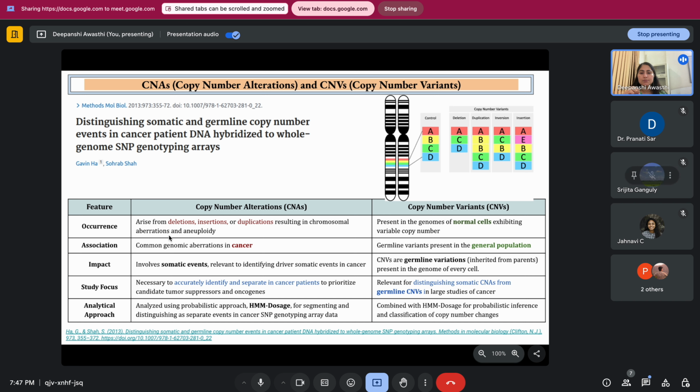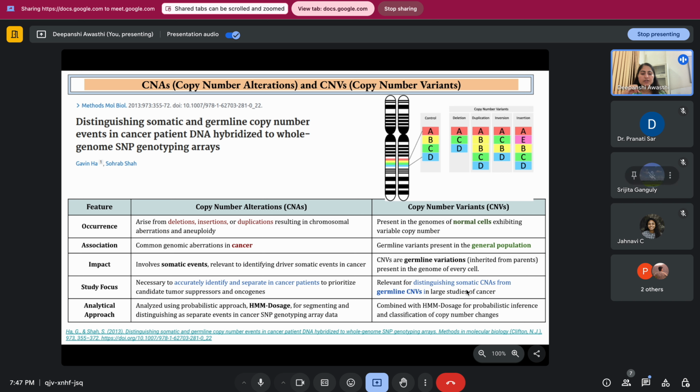If you look at the impact of copy number alterations, they involve somatic events and are relevant to identifying the driver somatic events in cancer. Whereas copy number variations are germline variations. Germline variations mean they can be inherited by the daughter or the son from their parents. As for the focus of the study, copy number alterations are necessary to accurately identify and separate in cancer patients.